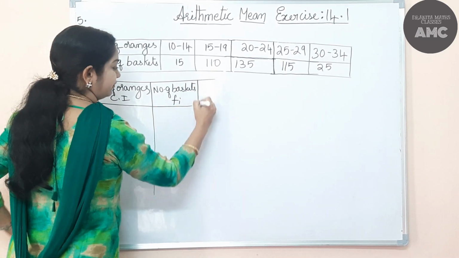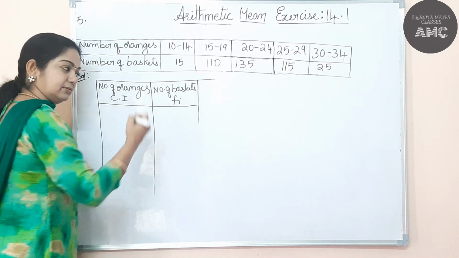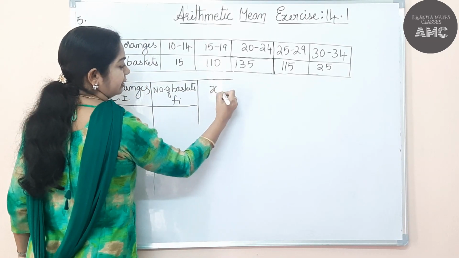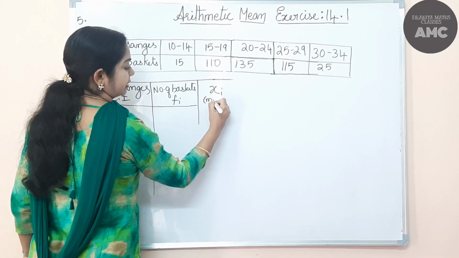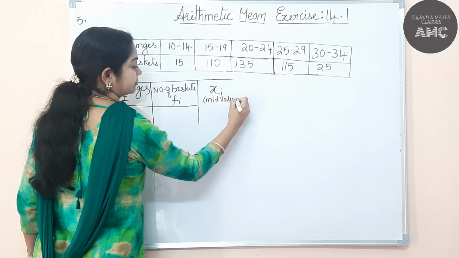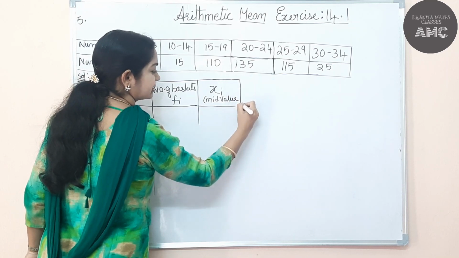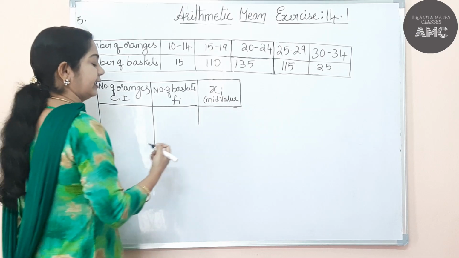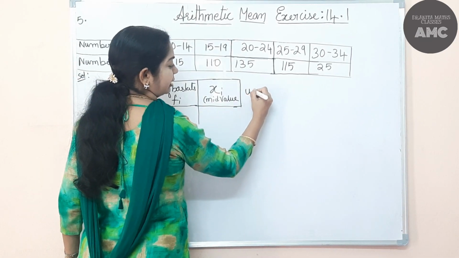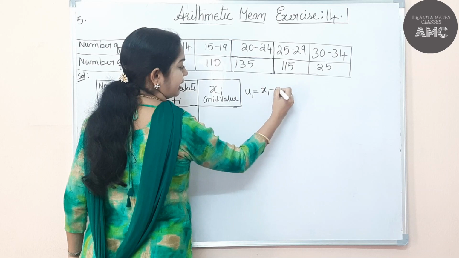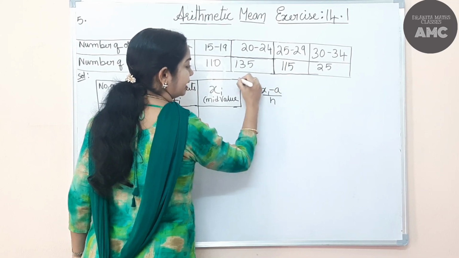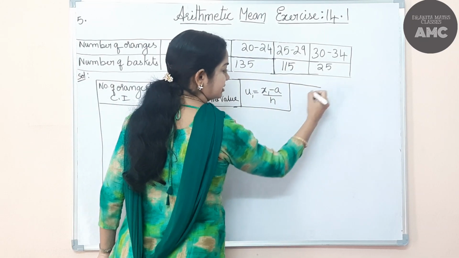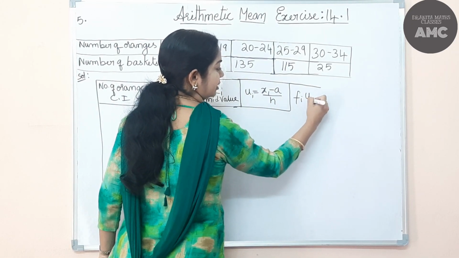Now what we find in the arithmetic mean is the mid value, or it is also called the class mark. xi, in brackets you write mid value. Mid values of the concerned class intervals. In step deviation, we want u. So here ui. The formula of ui is xi minus a upon h. This is ui. And the last one is fi ui.